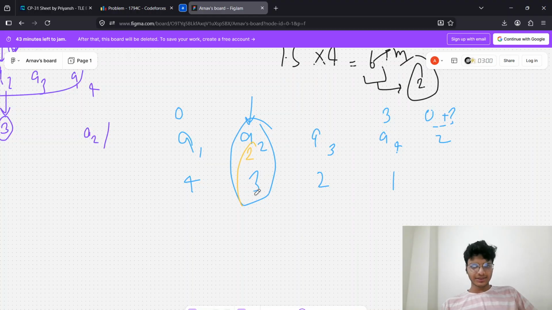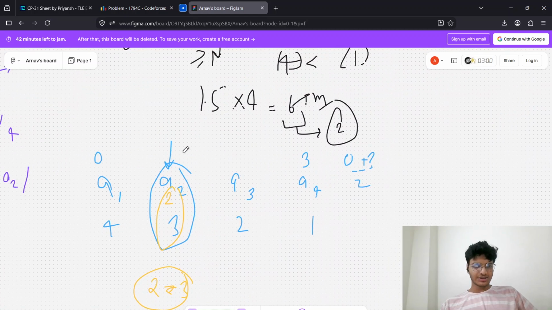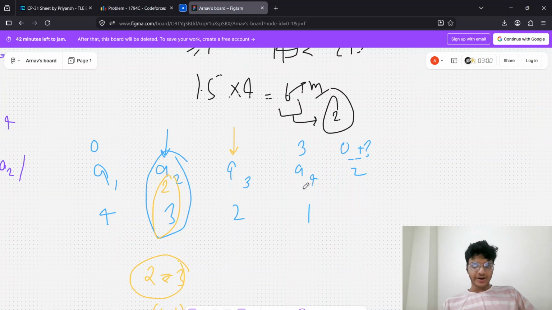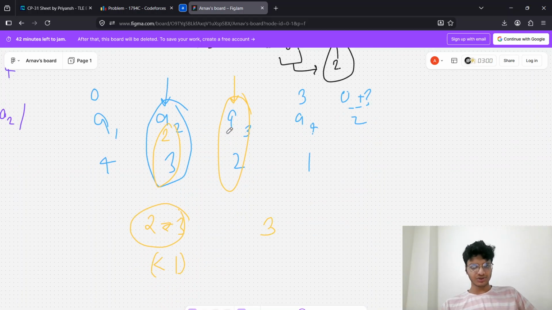So 2 is lesser than 3, so we cannot choose this since it will give us a value that is lesser than 1. So we will change our start pointer to A3, and then we will try to find out the mid value. So the mid value will be 2 plus 3 divided by 2, 5 divided by 2, that is 2. That is this one. And A3 was your 3.